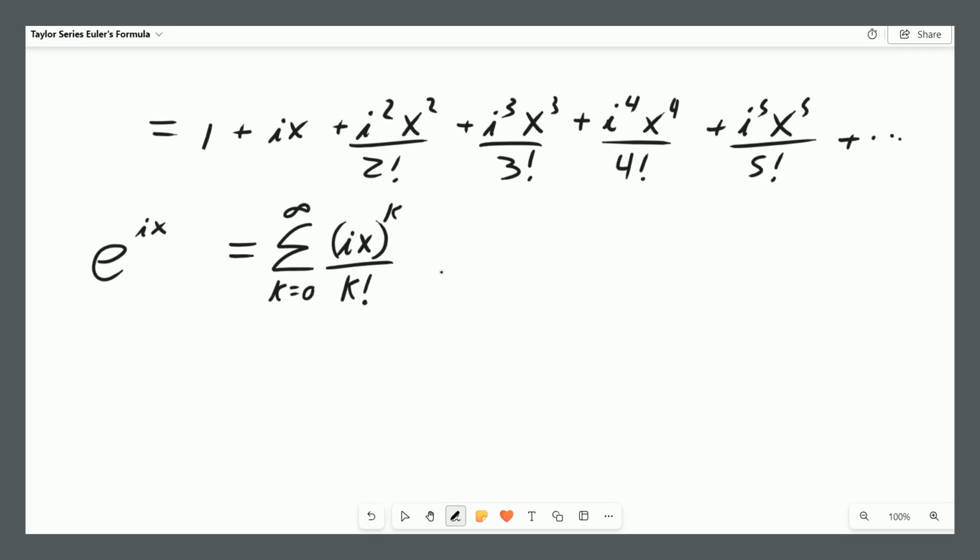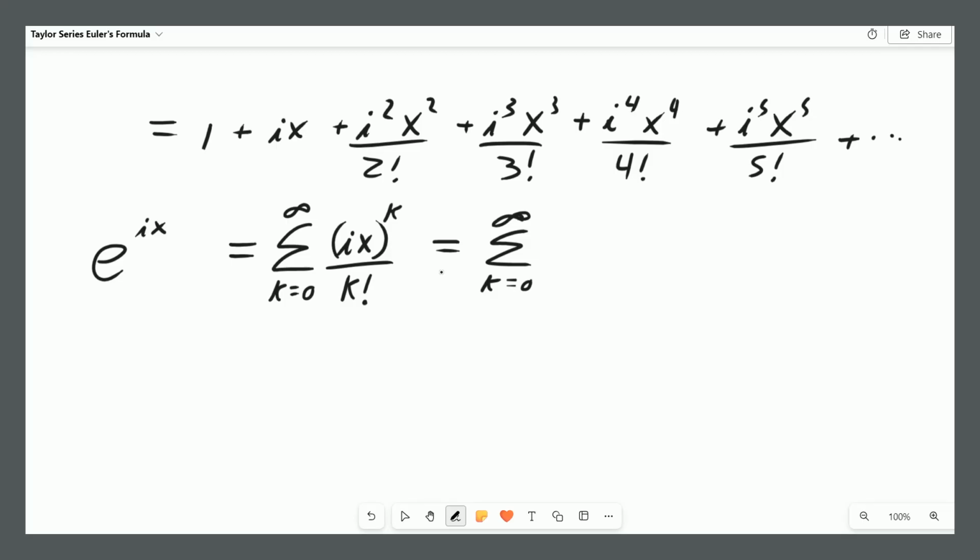Now, here's where it gets interesting. We're going to break this down into the odd exponent terms and the even exponent terms. So let's do that. Okay? First, let's add up the even exponent terms. What's that going to look like?